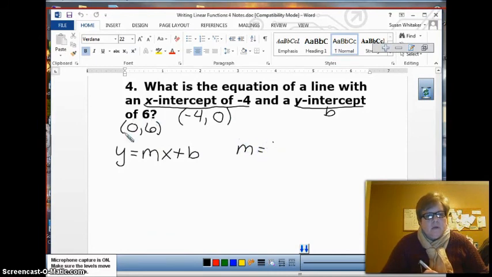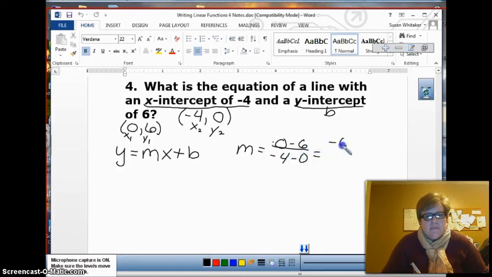So I'm just going to call this point x1, y1 here. And this will be my x2, y2. Just because this one I wrote before this one on the page, no bigs. Okay, so that's going to be 0, because it's the second y, minus the first y, and negative 4 minus 0.